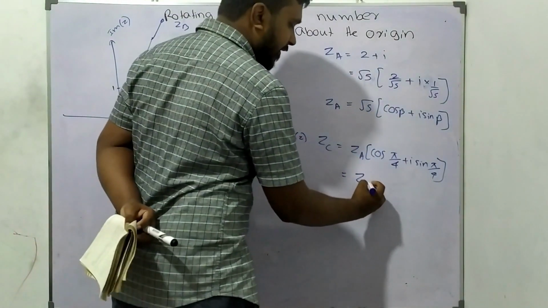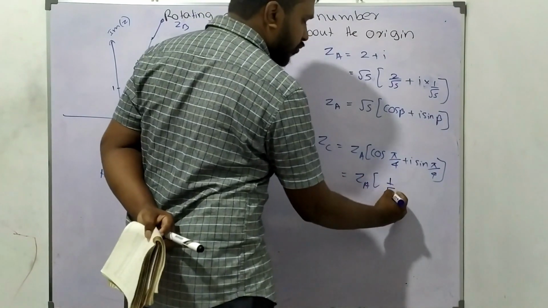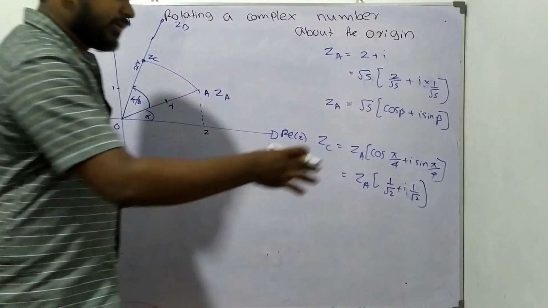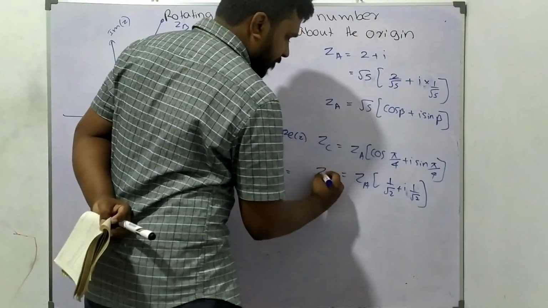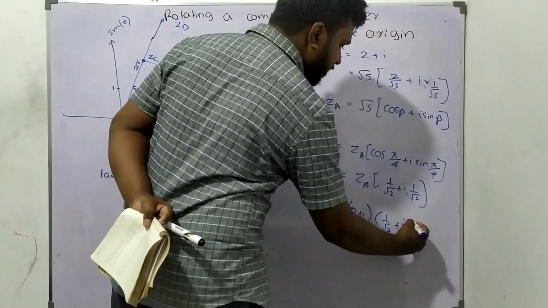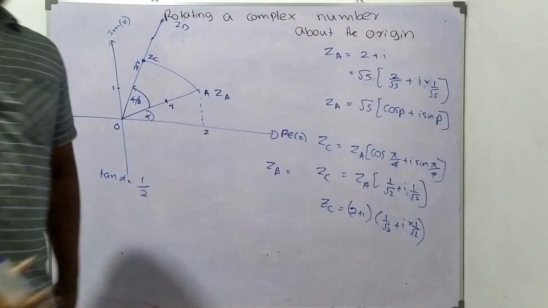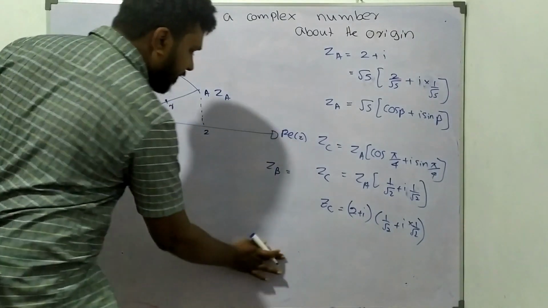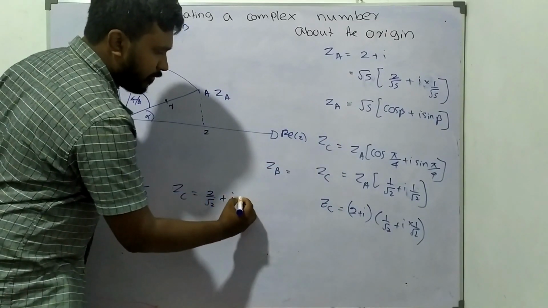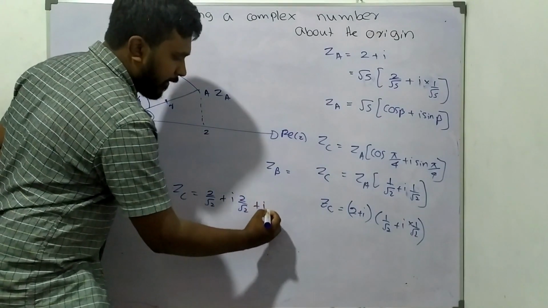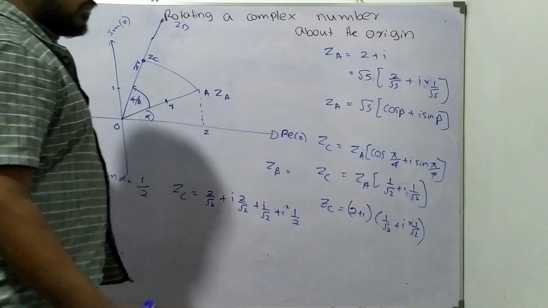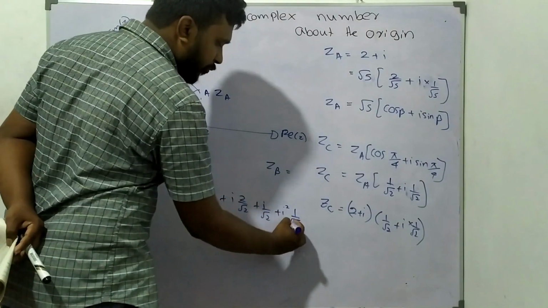So ZA means this one. What is cos pi by 4? It's 1 over root 2, and sin pi by 4 is 1 over root 2.